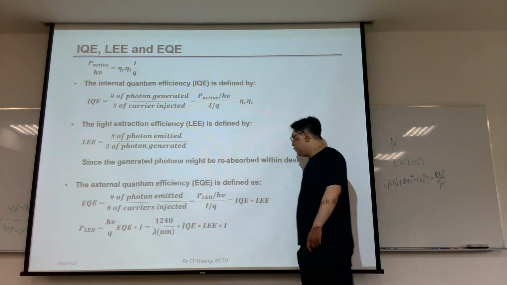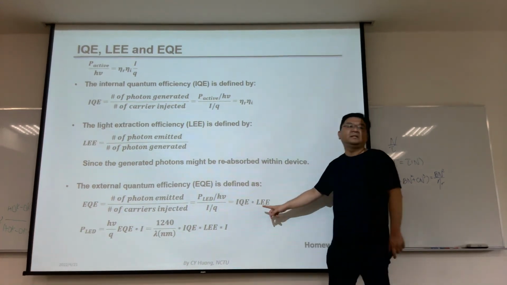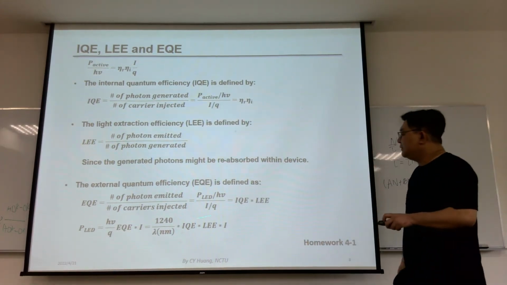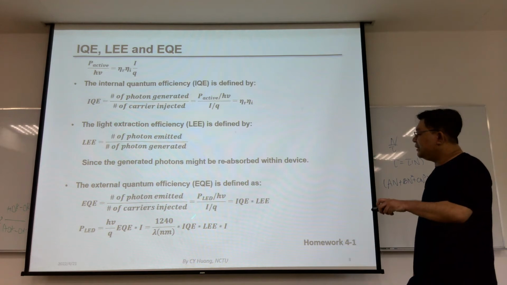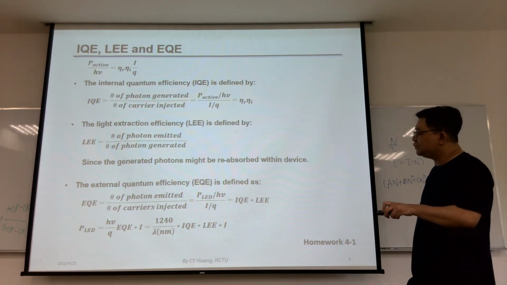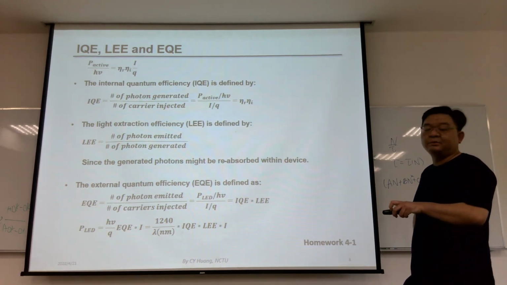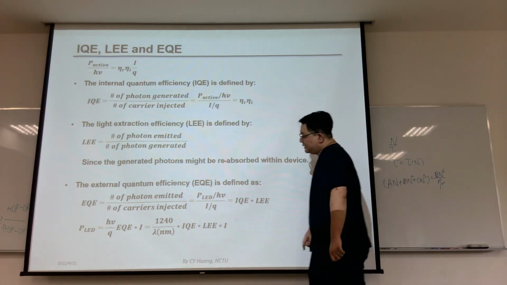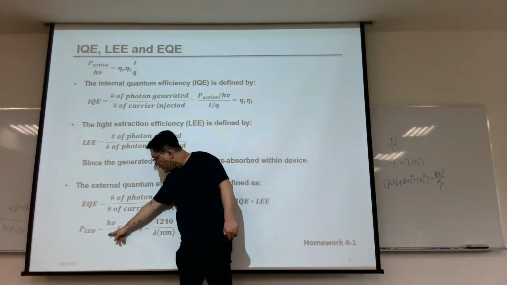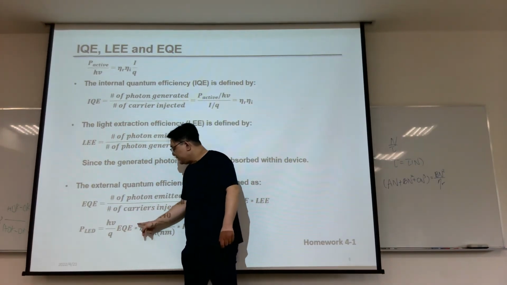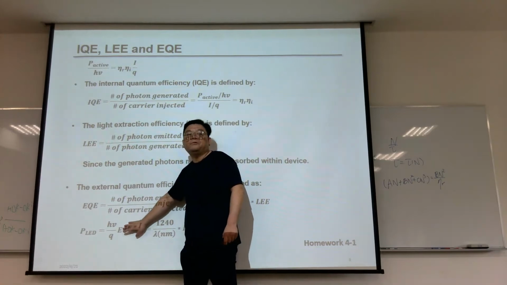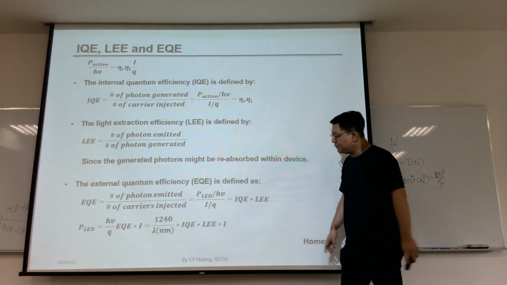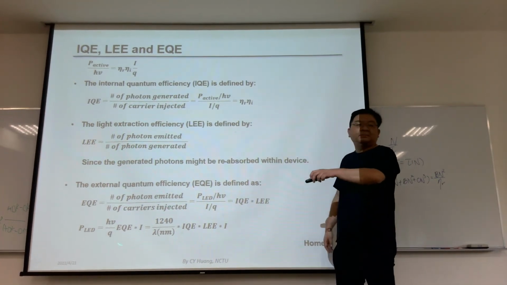So that will be IQE times LEE. Putting them all together, P_LED could be written down like this. It should be h mu divided by Q times I times EQE. So I divided by Q is the number of carriers, times the efficiency, the number of photons you observe, times the energy per photon. This is pretty straightforward.